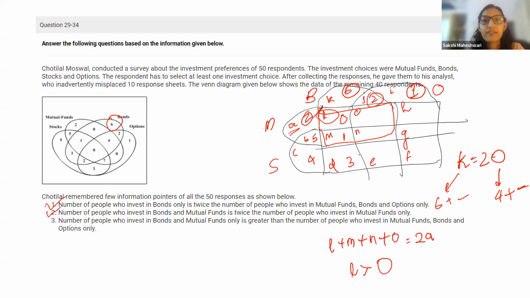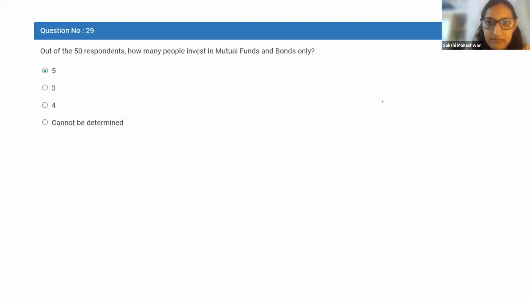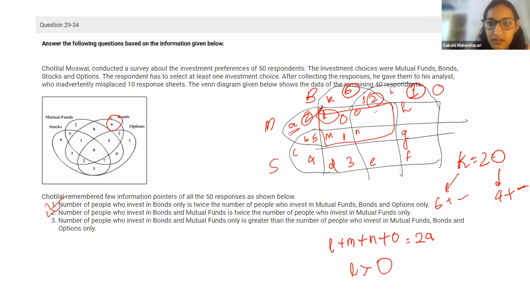The diagram I have made is for 50 people and I'm just filling in the values for 40 so that it is easier for me to solve. So bonds, this is 2, 4, 0, 2. And then this is 1, 0, 7 and 3.